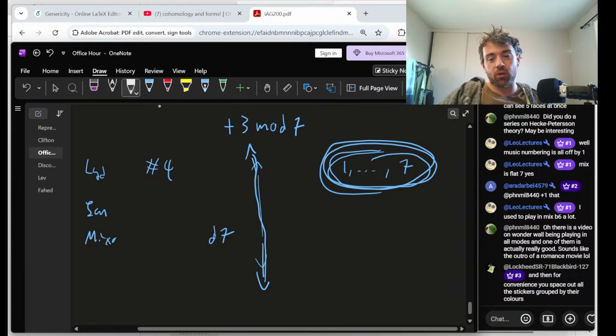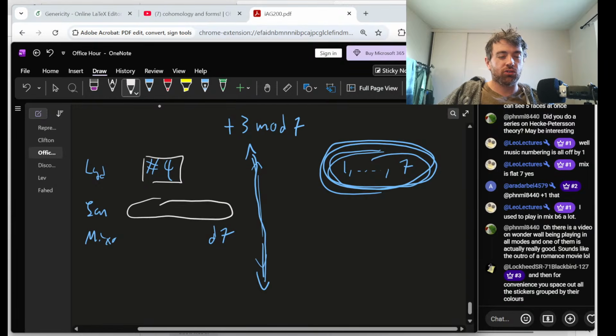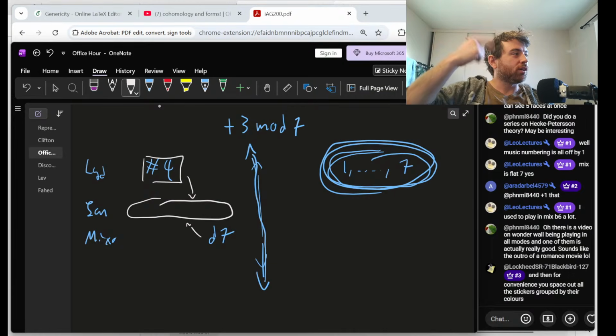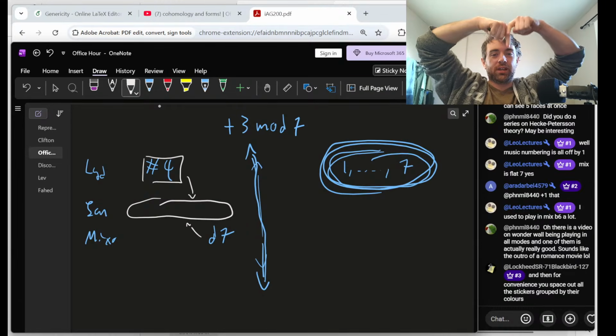And then the other question I started asking myself was, you could view Ionian as starting on 4 or something, right? But what if you started on a different note? Some of them you run into problems because you basically end up doubling notes.